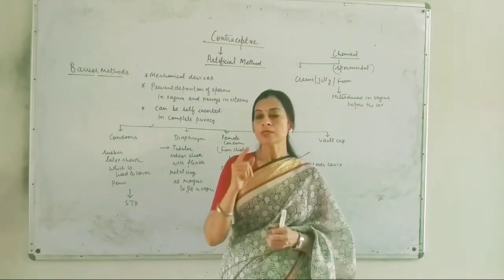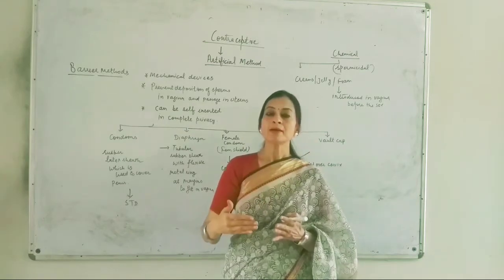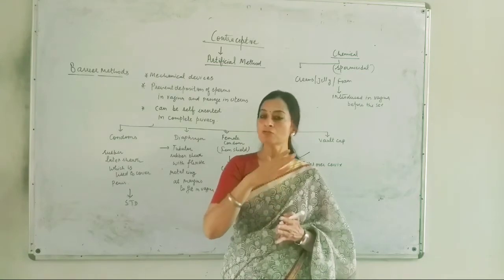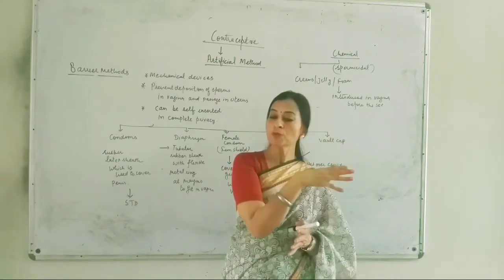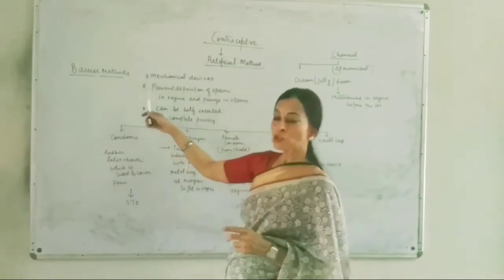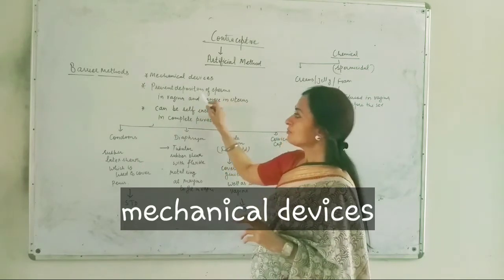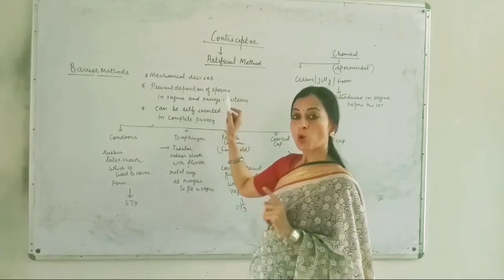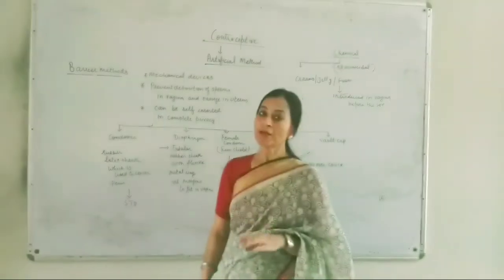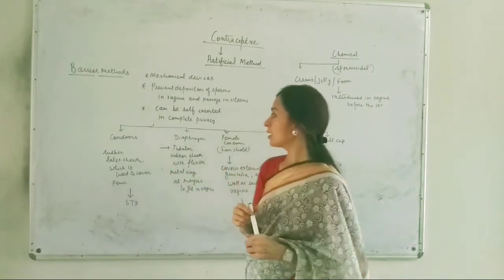So if we want that pregnancy should not be established, we can have a barrier between the male and female reproductive systems, which will not allow the sperms from the male body to enter the female body. These barrier methods are mechanical devices which prevent deposition of the sperms in the vagina, and they also prevent the passage of those sperms into the uterus.